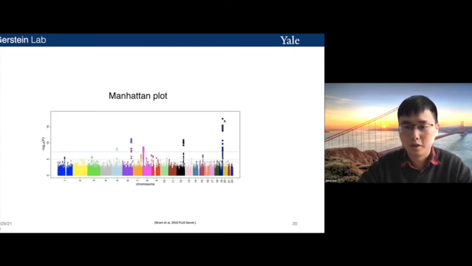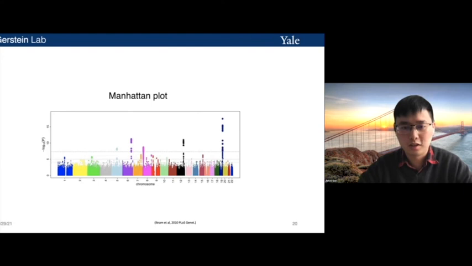But usually people only focus on the top one, because you see here you have this little line, then a little gap, and then another little line. That is because a lot of different SNPs are within a single LD block, or linkage block, or haplotype block.